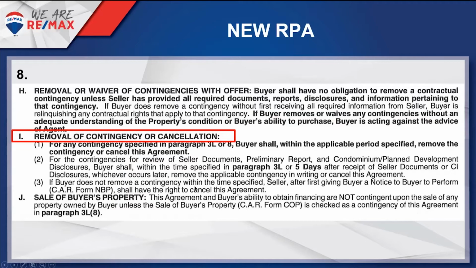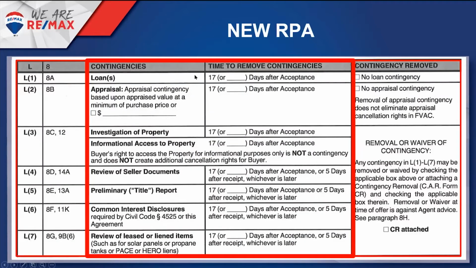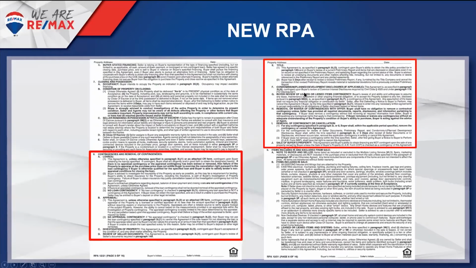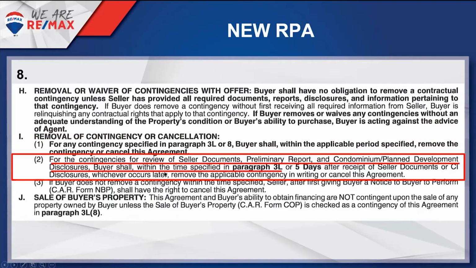Okay, removal of contingency or cancellation for any contingency specified in 3L, which is this whole list of contingencies, or in paragraph 8, which is the paragraph we're talking about here, buyers shall, within the time specified, remove the contingency or cancel the agreement.